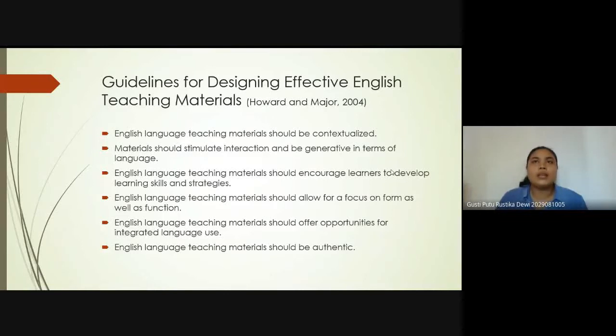It means that the teachers can adopt authentic texts in order to give experience to the learners to see, hear, and read how the native speakers communicate naturally in the form of written text like in newspaper or magazine and also in spoken or visual texts like in videos or audio.